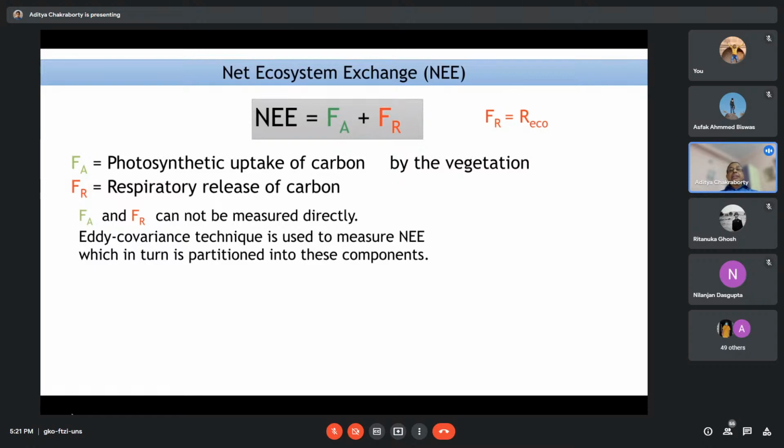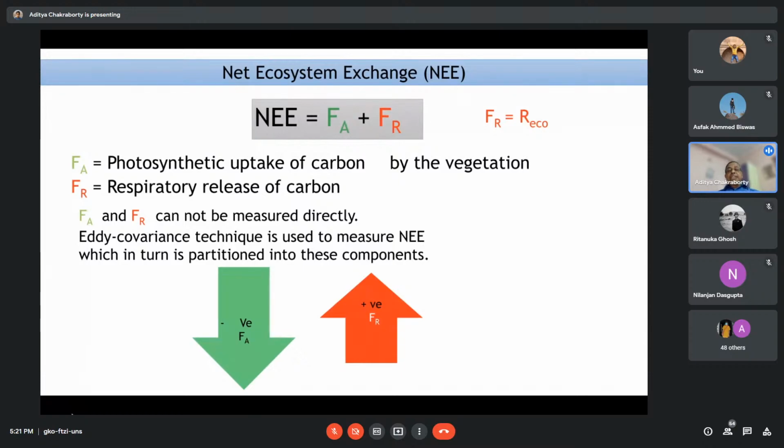What we measure, through the eddy-covariance process which I'll come to later, is the net, that is, the difference between these two processes, photosynthesis and respiration. So it poses an ill-posed problem: we have one equation but two unknowns, photosynthesis and respiration. That's why there is some uncertainty in these estimations, which I will discuss later.